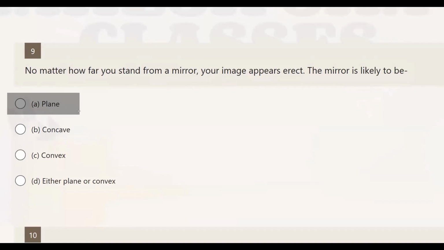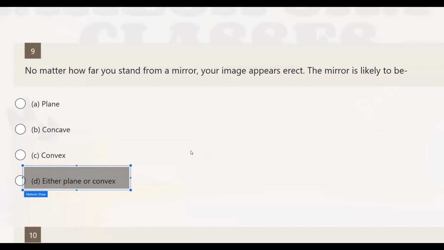But then you should see all the options, right? Concave can be real inverted or virtual erect. Convex is again virtual, always erect, always smaller in size. That's the reason I'm saying you can see we have an option that is either plane or convex. So this is the correct answer.